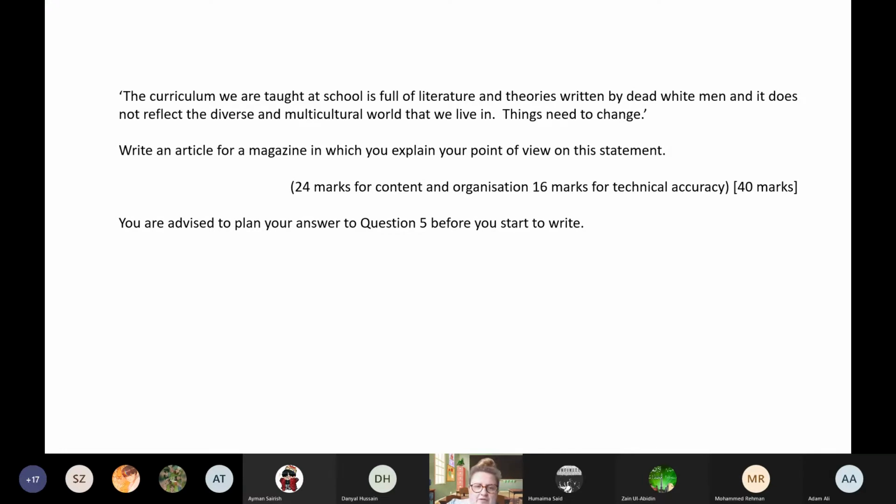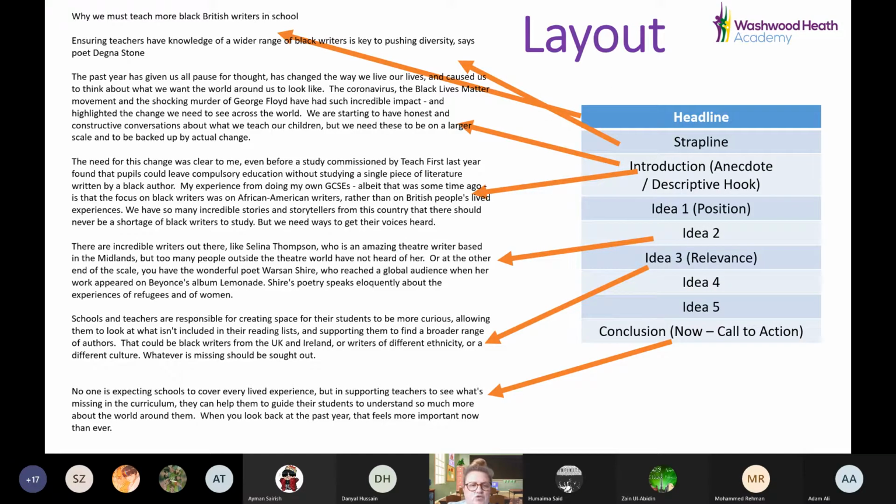So remember that there's a very clear layout that you need to use when doing your transactional writing. You need to have a headline, a strap line, which basically adds more information to your headline, an introduction, which is either a descriptive hook or an anecdote, something to pull us in and want to engage. You then have idea 1, which is potentially where you outline your position.